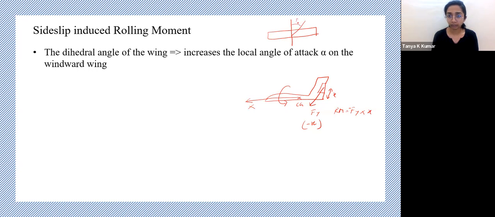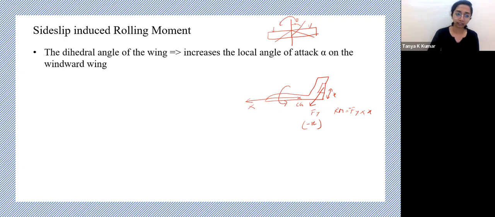This angle beta introduces, if there is a dihedral, an increase in the local angle of attack. The normal component of the velocity increases the angle of attack by a small margin, but it does increase the angle of attack on the windward side. So the lift produced on this wing is more than the lift produced on this wing. Again, it tends to produce a rolling moment.